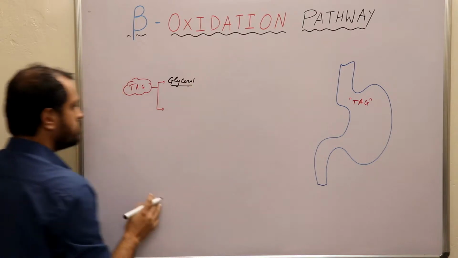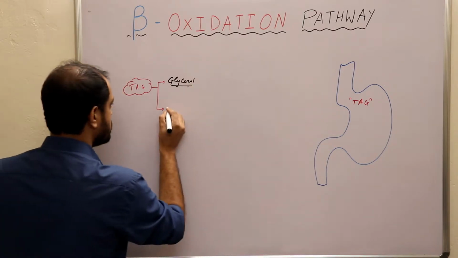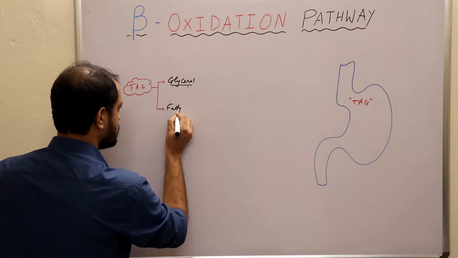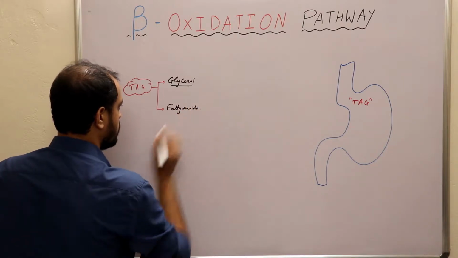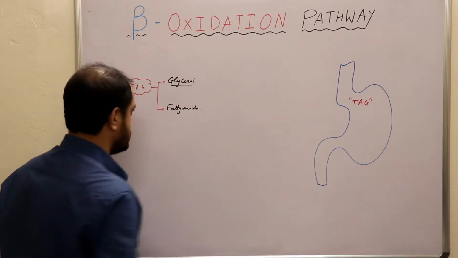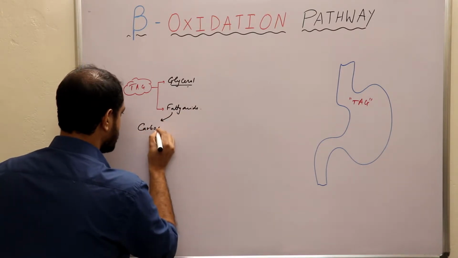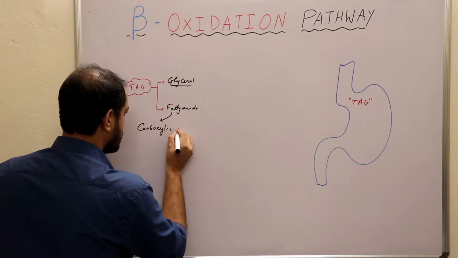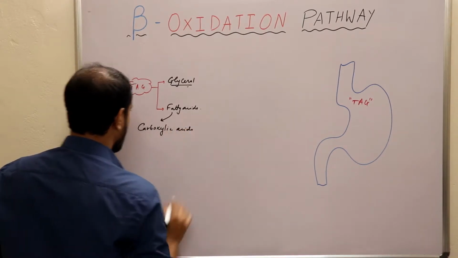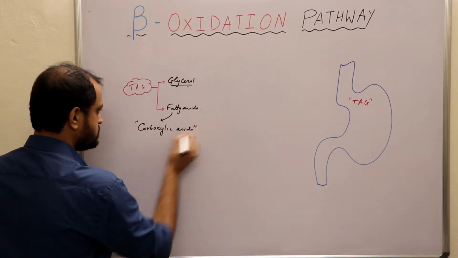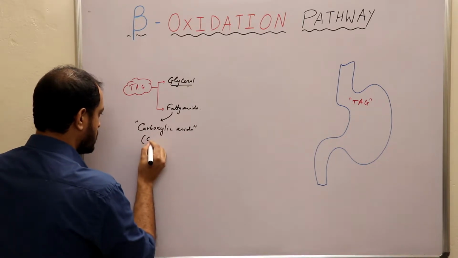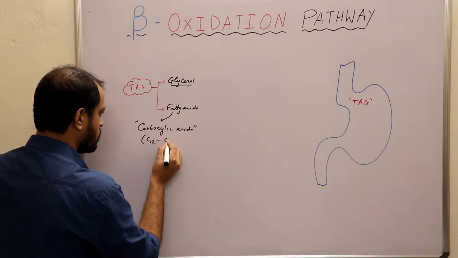Number two is fatty acids. Now, what do you mean by the term fatty acids? Listen, fatty acids are carboxylic acids which have carbon number 12 or more than 12.